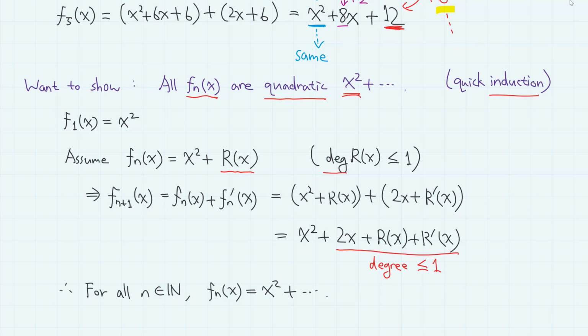This proves that all f_n(x) are quadratic polynomials with leading coefficient 1.